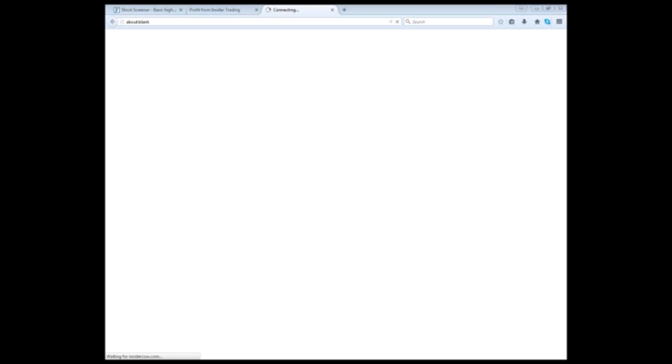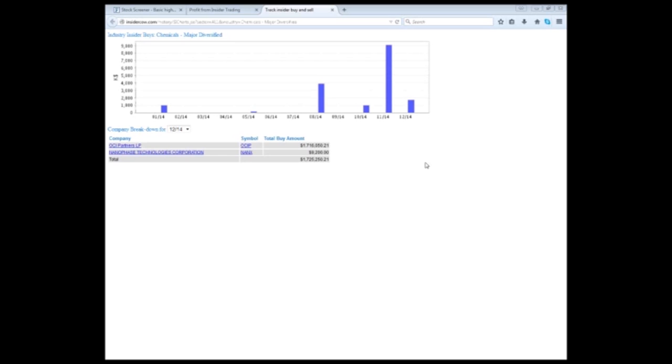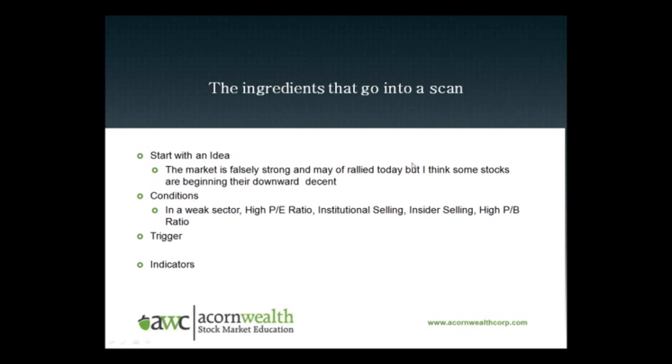But what it does for us is take all the insider action within an industry or sector group, and then graph it to tell us whether there's been significant insider buying or selling, and where it's come from. And you can then go in and see other companies. So it's a very, very useful tool. And this is just one idea of how you can build that initial scan.